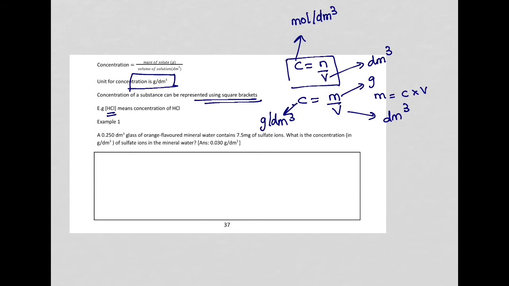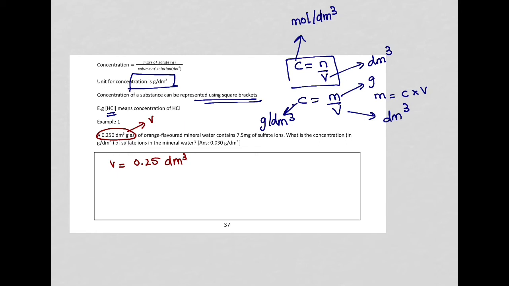Let's see our first example. So we have a 0.25 dm cube of orange flavor mineral water. So this is the volume. So I can already write V is equal to 0.25 dm cube. Unit is already in dm cube, so no need to convert.